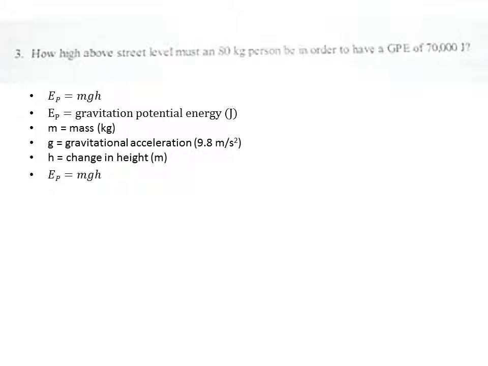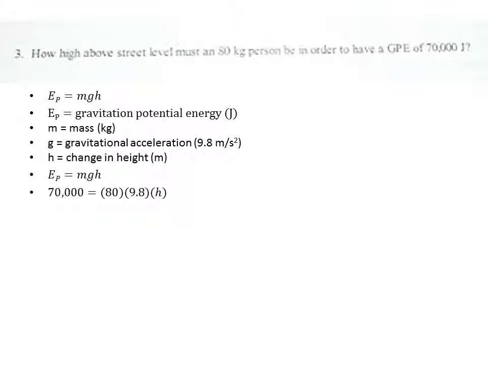And again, gravitational potential energy is measured in joules. G stands for gravitational acceleration, which is 9.8 meters per second squared. H stands for the change in height, which is measured in meters. So gravitational potential energy is equal to mass times gravitational acceleration times change in height.